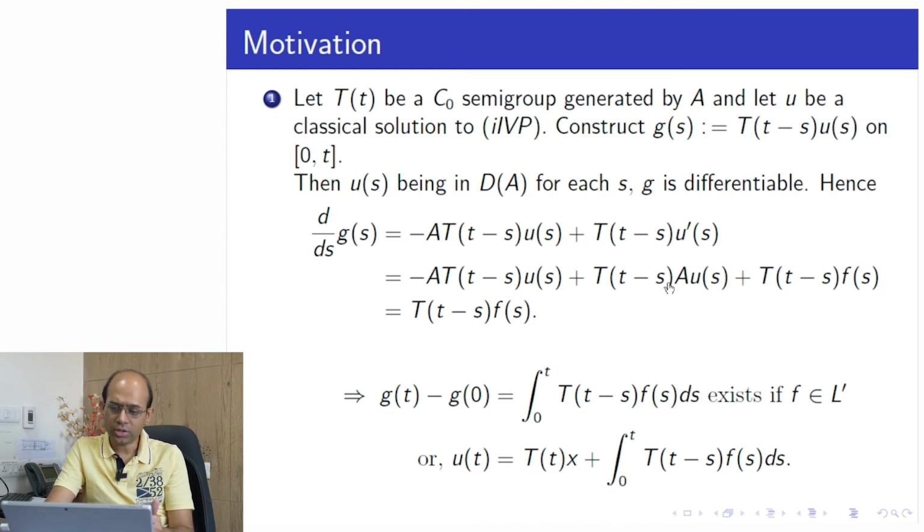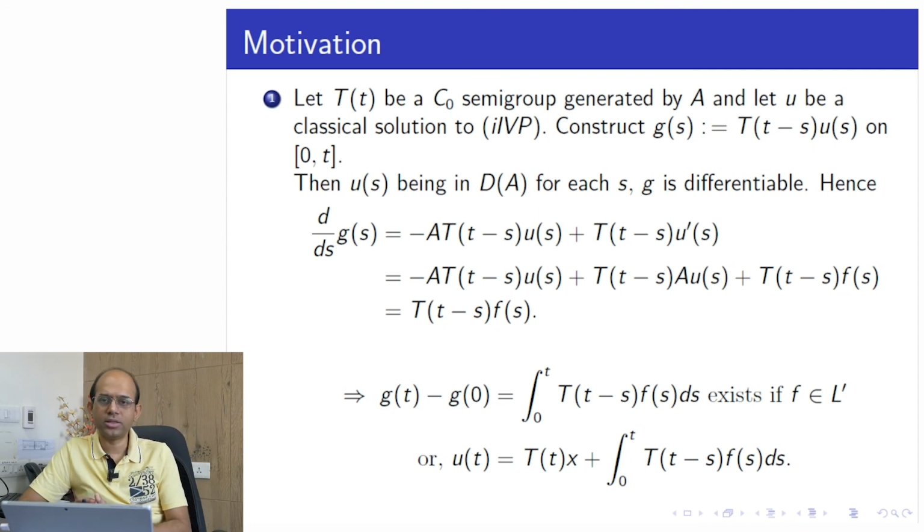So this proof also clarifies another thing, that for this IVP, if it has a classical solution, then that is unique, because that necessarily would have this expression, provided that A generates a C0 semigroup. Okay, and as I have mentioned, if there are two different C0 semigroups T and S having the same infinitesimal generator, then both should be identical.